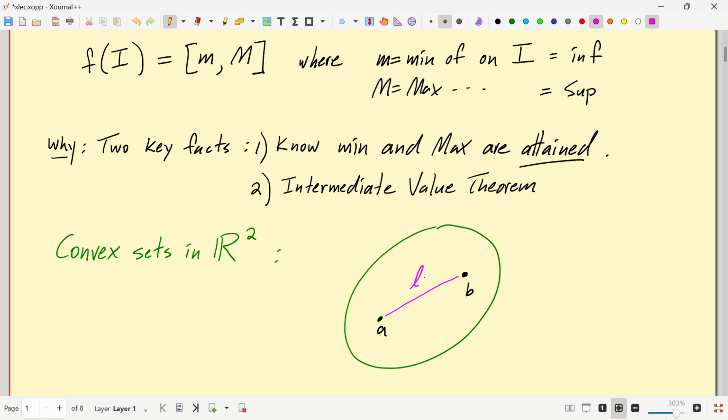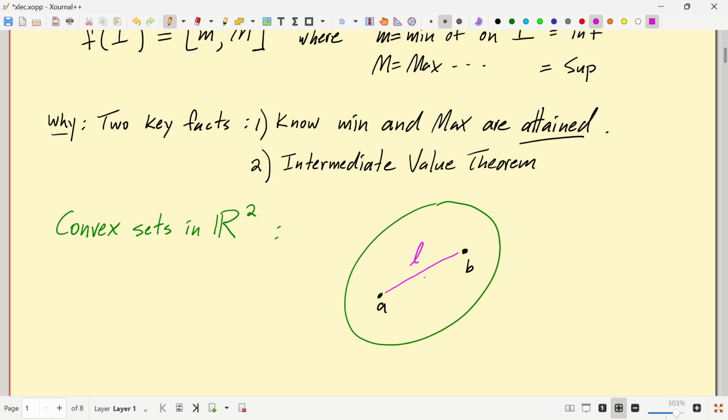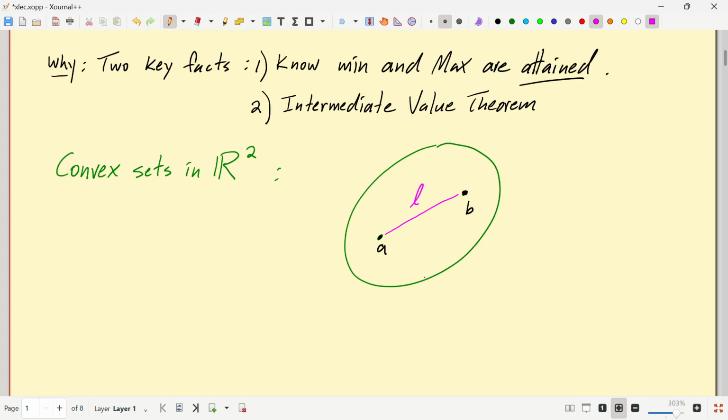So the definition of convex set in R2, let's call this set S: S is convex means if A and B are in there, then the line connecting them is in S.